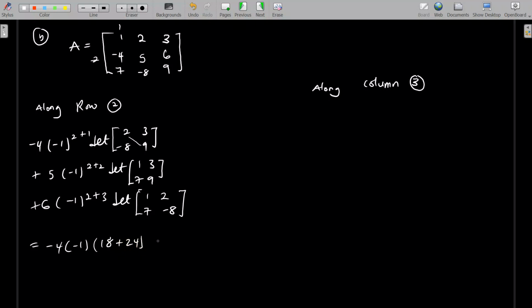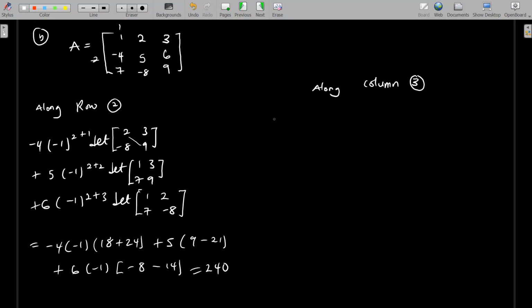Then plus 5 into the determinant of that, so 9 minus 21, then plus 6 into -1, because -1 to the power 5 will give you -1. The determinant of this one is -8 minus 14, and when you sum everything, you're going to get 240.